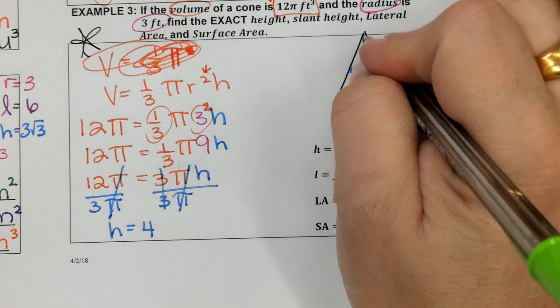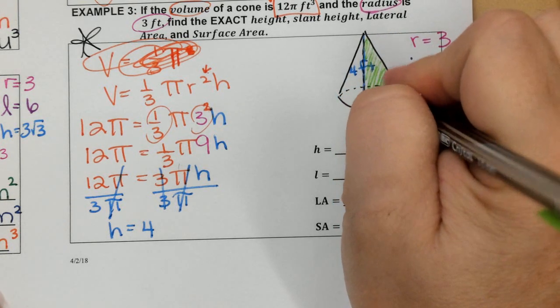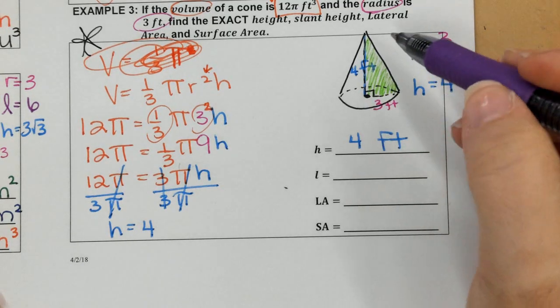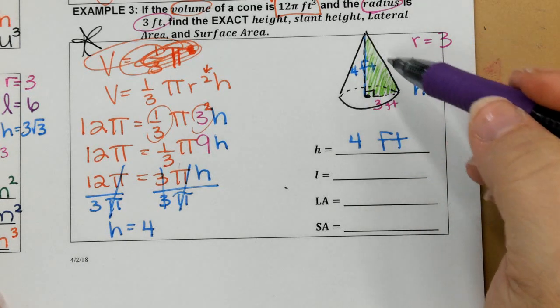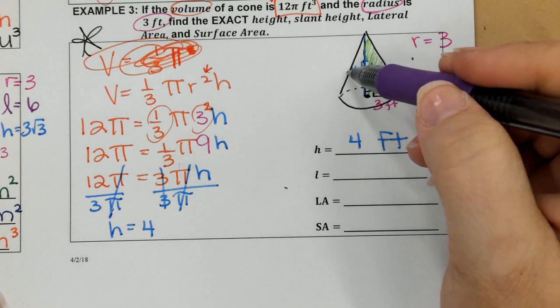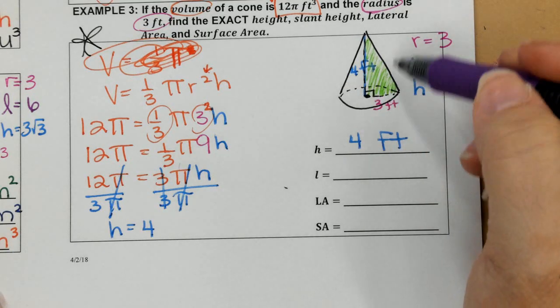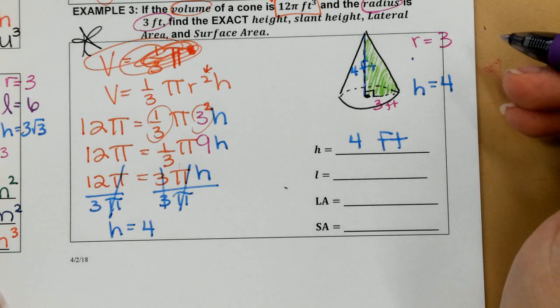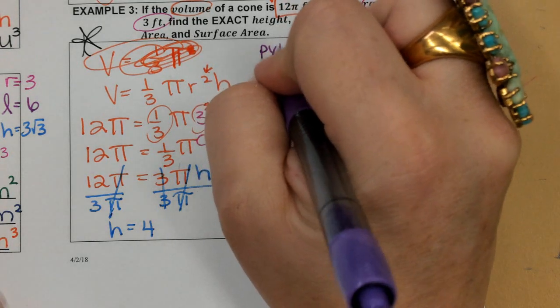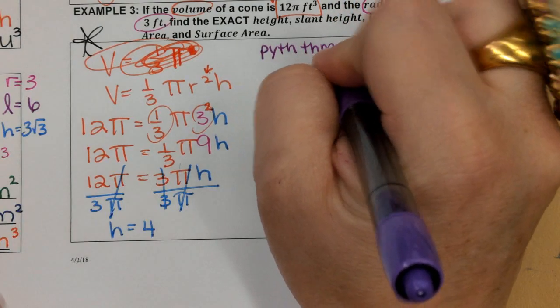And they also need us to find the slant height, so we're looking at our sliver of a triangle. They don't give us a 30 degrees or a 60. They do not follow the rule of x root 2. So what we need to do is Pythagorean theorem.